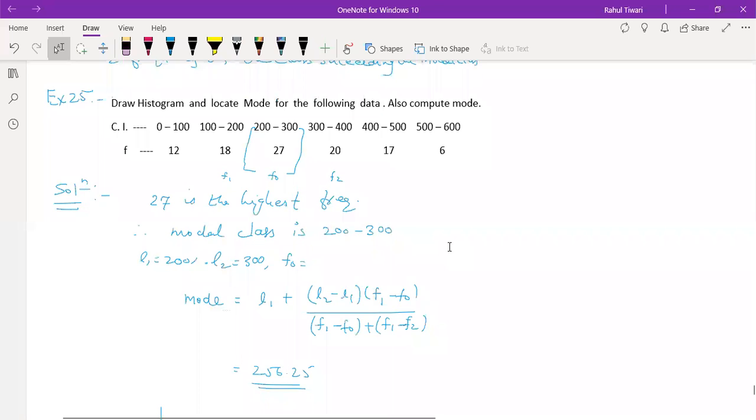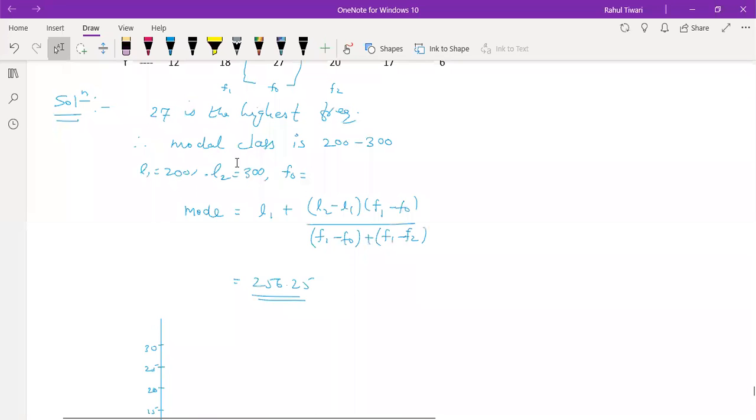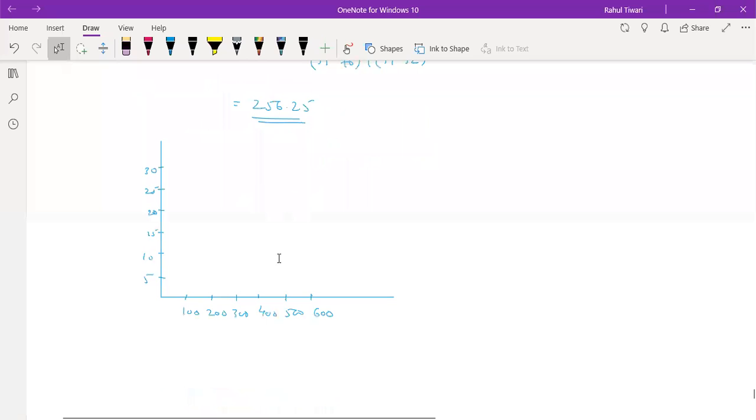Maximum is 27, so I'll take a difference of 5: 5, 10, 15, 20, 25, 30. And now you draw the respective values. 12 approximately here.